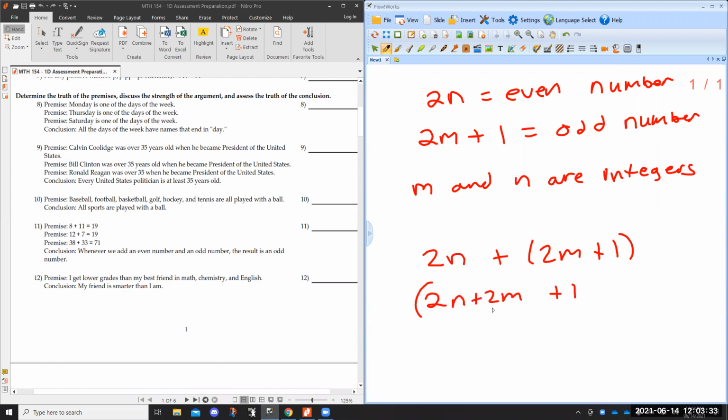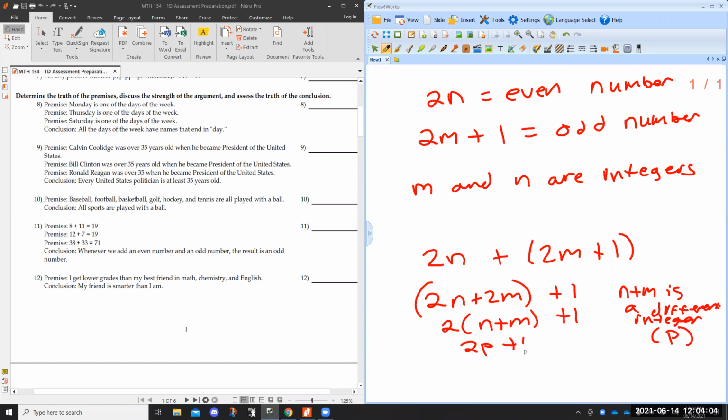I'm going to group these 2 parts together and pull the 2 out: 2 times n plus m, plus 1. n plus m is a different integer. I'll call it p. So let's call this 2p plus 1, and this is going to be an odd number.